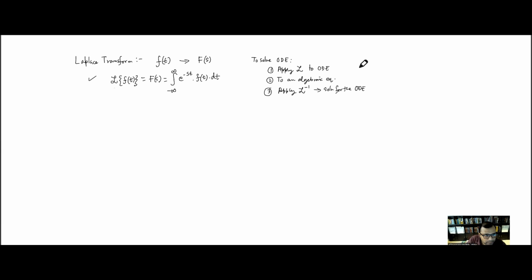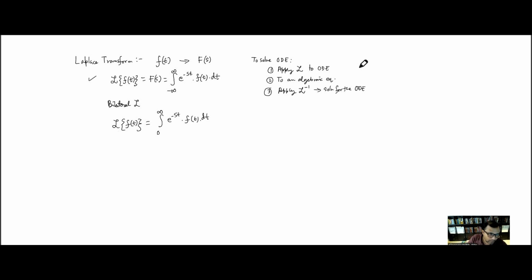Now, what I just mentioned here, when the integral is over minus infinity to infinity, this is called a bilateral Laplace transform. Okay. What would be a unilateral Laplace transform? It would be when the integral is over 0 to infinity. Okay. e to the power minus st, f(t) dt.